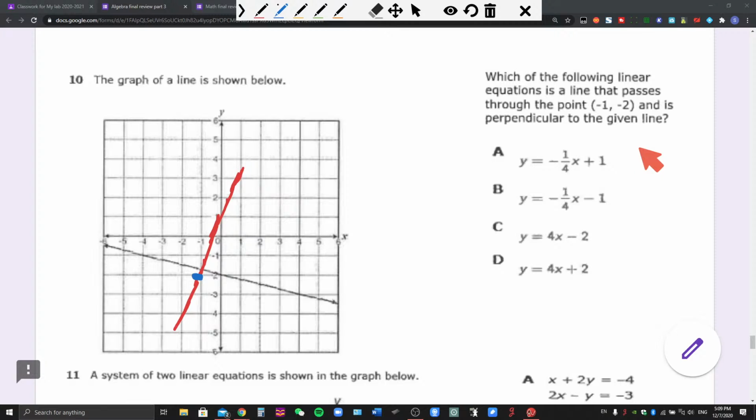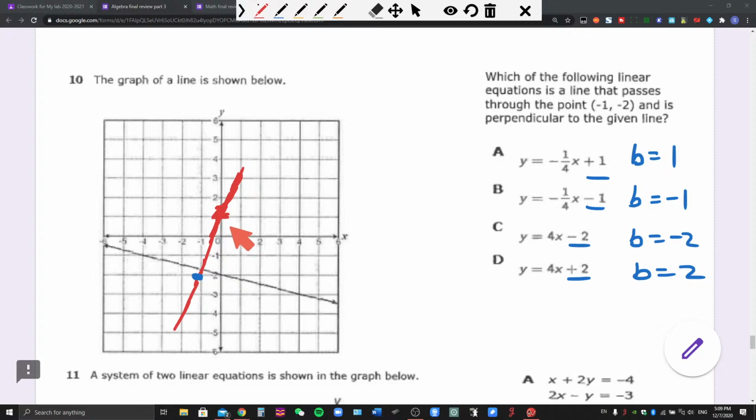Let's check the B. So B is 1. B is -1. B is -2. B is 2. All right. Let's observe this graph. The B is about here or here.